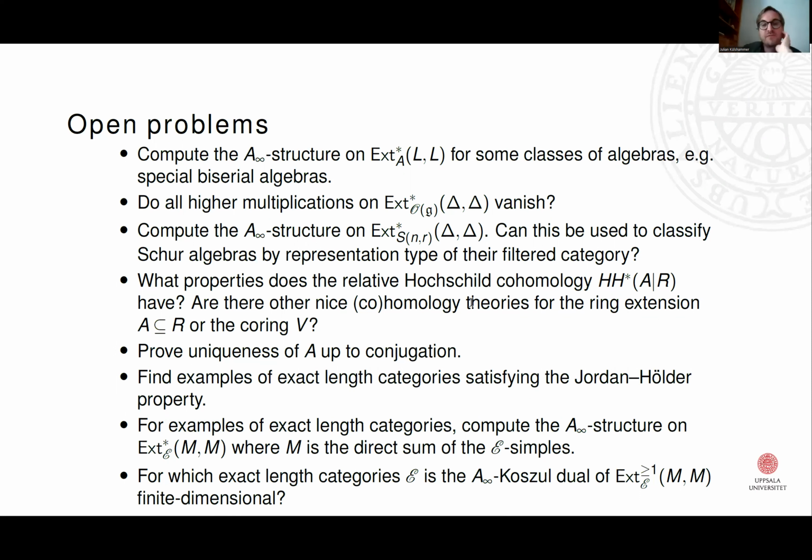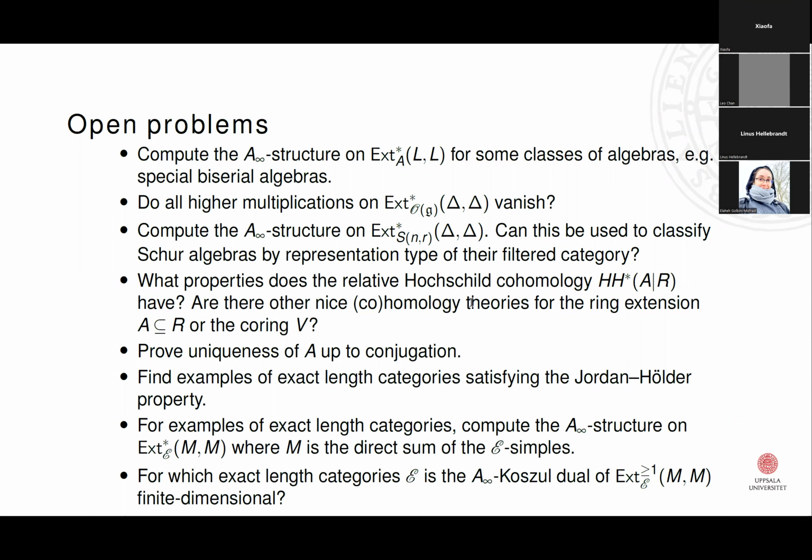So there are different things one could look at. We could also look at ordinary Hochschild cohomology with coefficients in R, and so on. So just different cohomology theories, and maybe one of them is particularly nicely adapted to what we want to do here. Thank you.